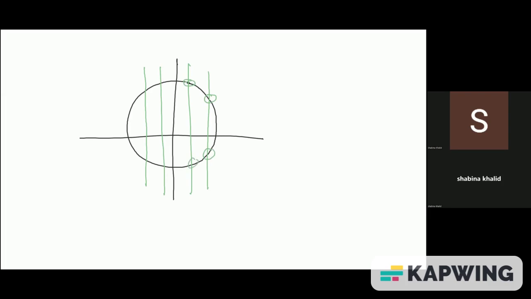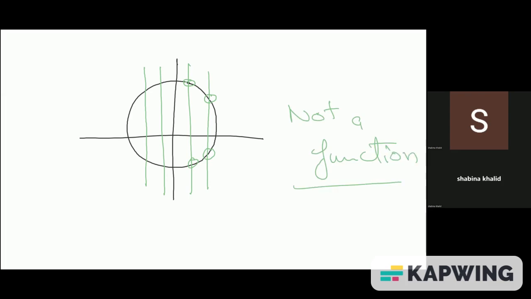Similarly here and here. So it's not possible to say that for every value of x, there is one value of y. It has two values of y instead of one. So it's not a function. It's touching more than one point.